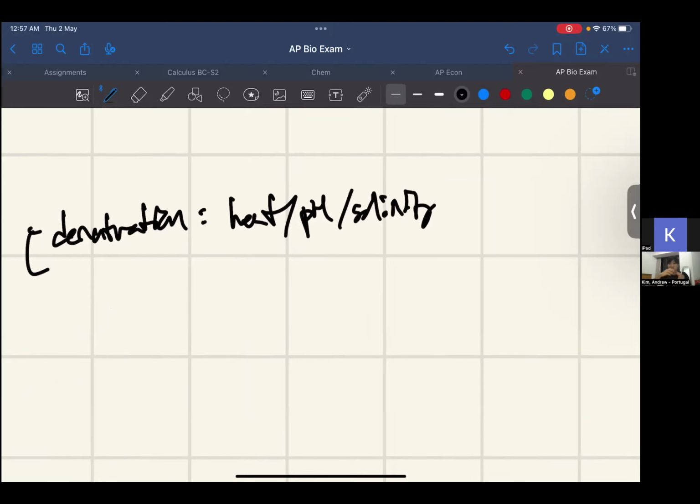I mean, think about it. When you put a chunk of meat on your heated pan, the color changes from red to brown, right? So you can see how it's changing when heat is added. Same with pH and salinity, right? So that is denaturation. Proteins change their structure when the environment changes. What's important, though, is that the four protein structures are connected.